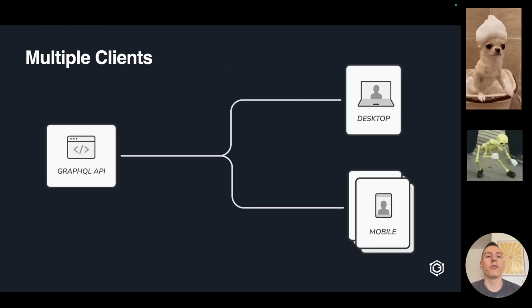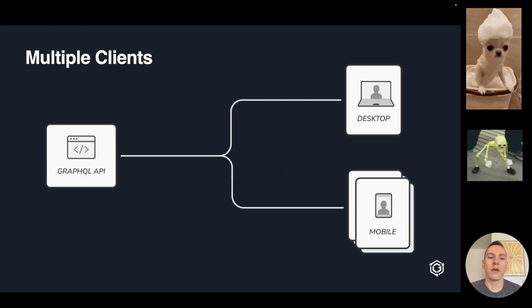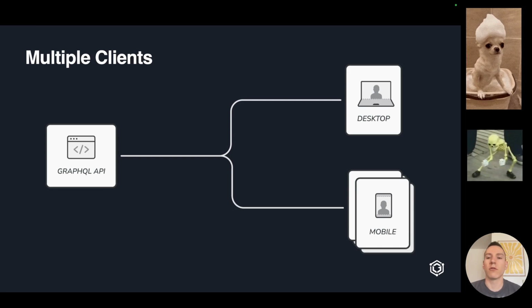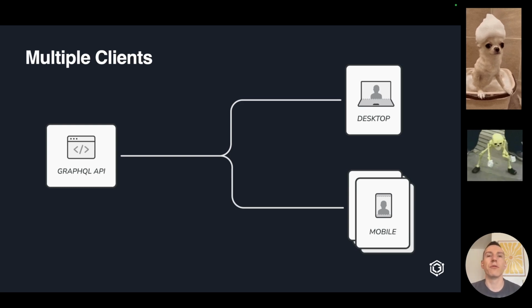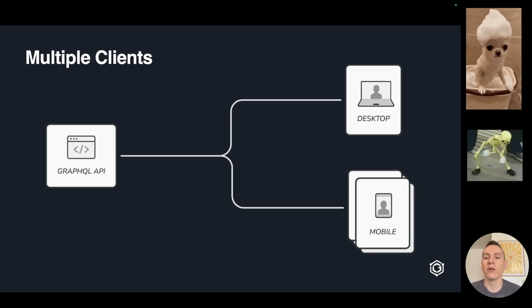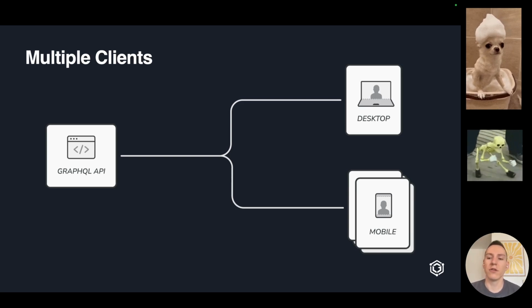This becomes even more relevant if you have multiple clients, because as time goes on, maybe instead of only a desktop app, we now also have a mobile app. And a mobile app is not just one fixed version that is completely replaced every time we release a new version. Some people still run an old version of your mobile app, and they will continue to do so forever, because not everyone is always updating to the latest version.